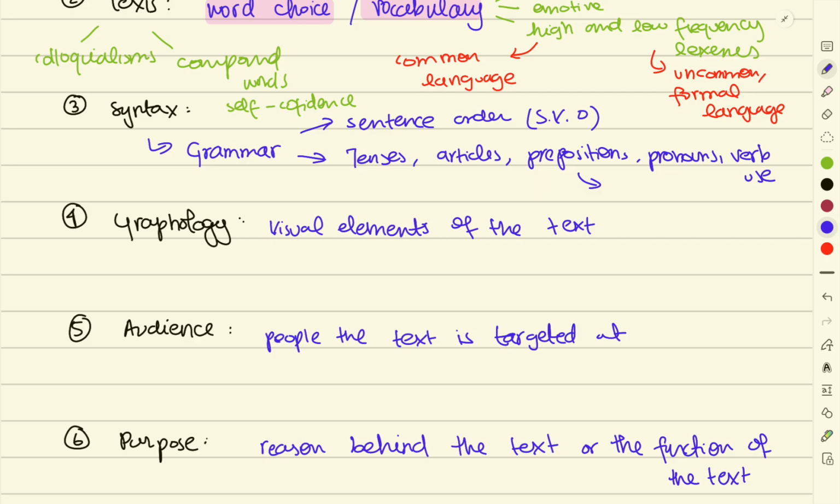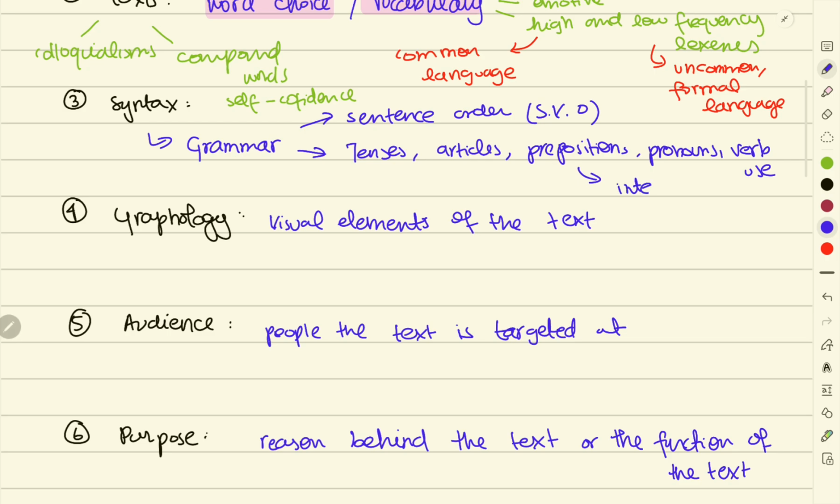In standard English, we have a set usage of prepositions, but in different varieties, you might see interchangeable use of two different prepositions, or completely skipping the preposition, or substitution.